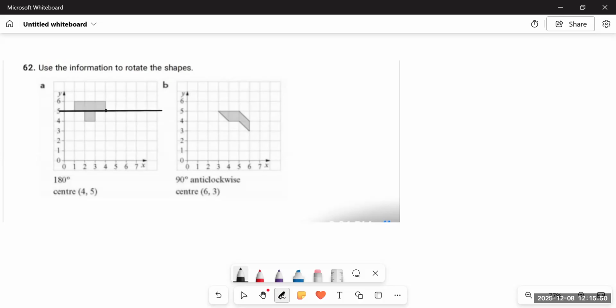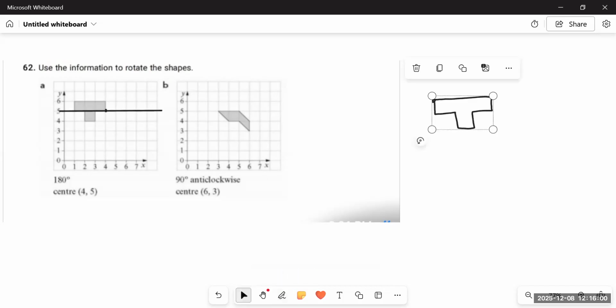Okay. And then this is the original shape. Upon rotation, it would look like this. A 180-degree rotation would look like this exactly.